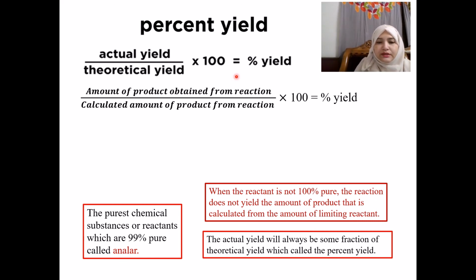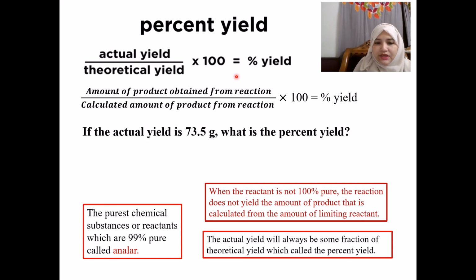And we can observe a problem with our previous problem, which we have just solved. If the actual yield is 73.5 gram, what is the percent yield?